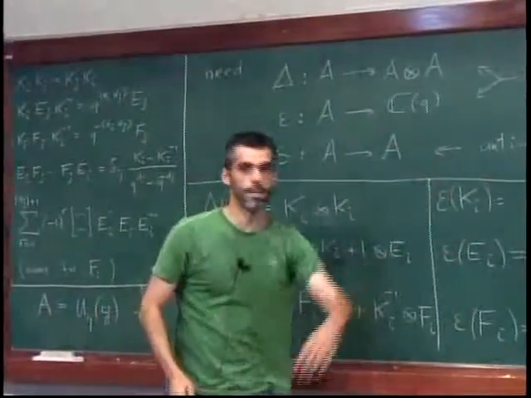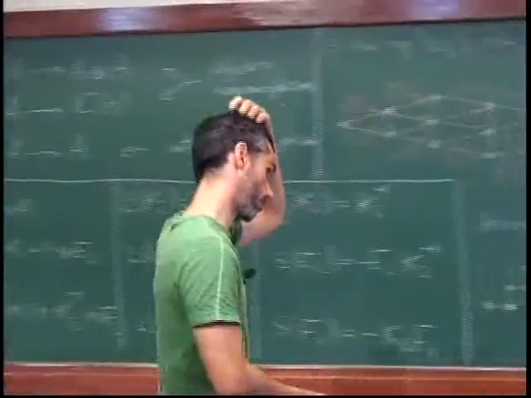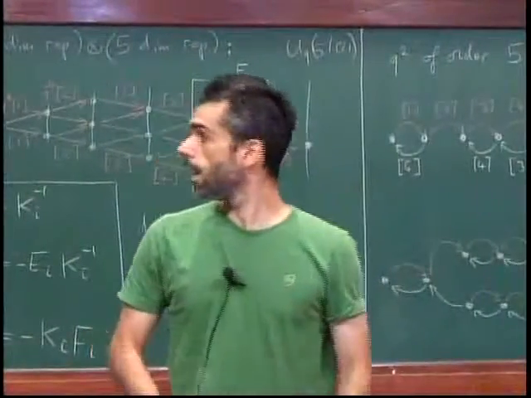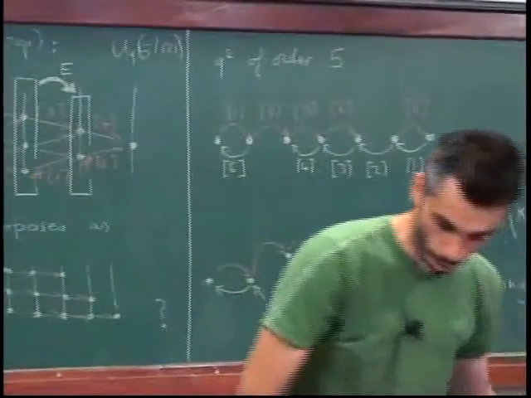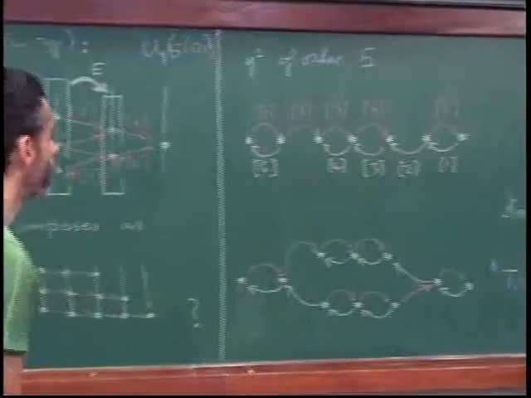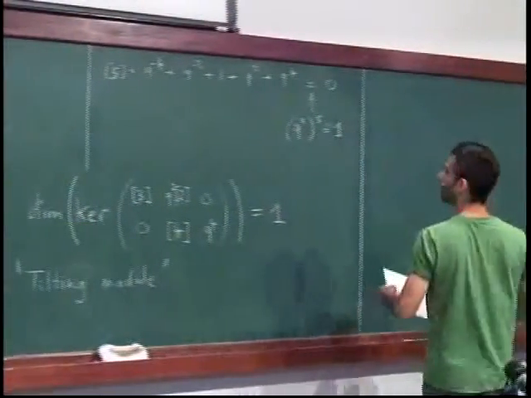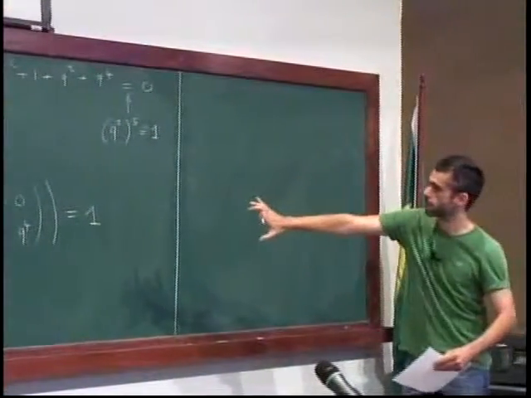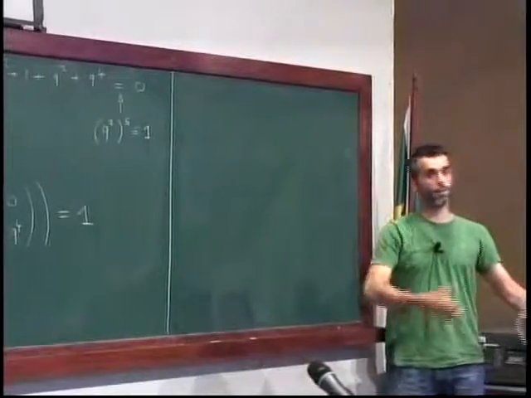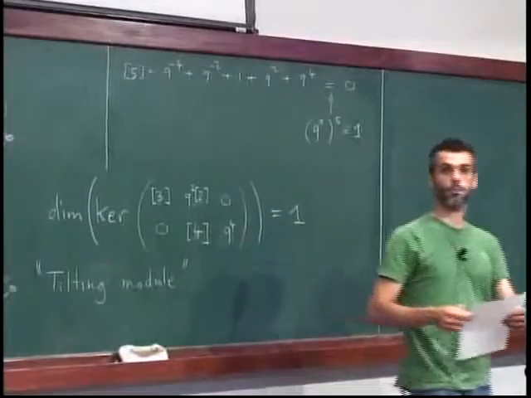And, well, that's the SL2 version of tilting modules. So let me give you a definition of what tilting modules are. Okay. So this was examples in SL2. Now I go back to the general theory. I give you some definitions. And at the end, I will have a definition of a tilting module.